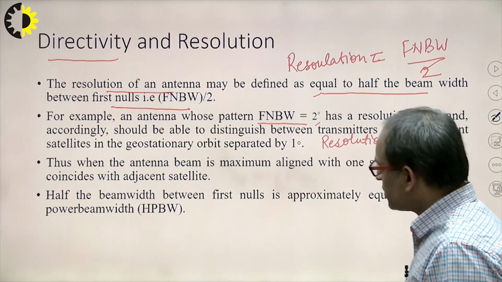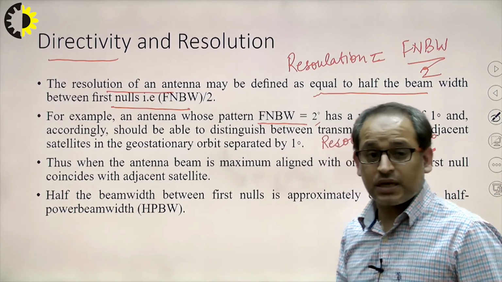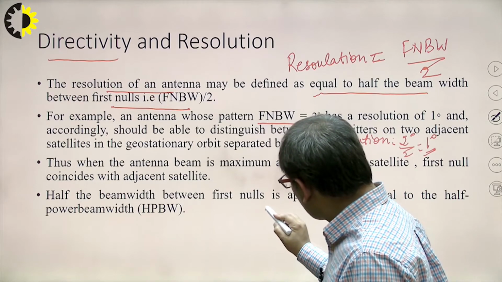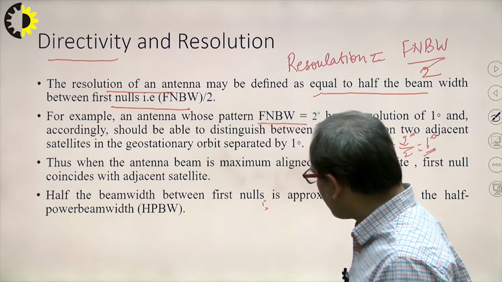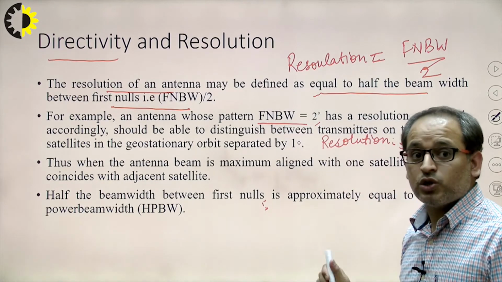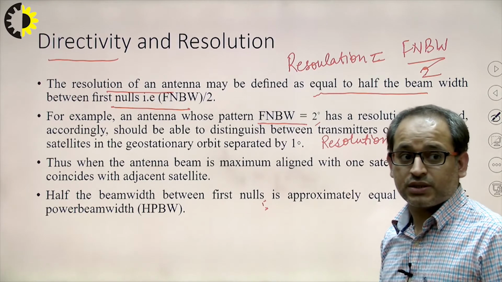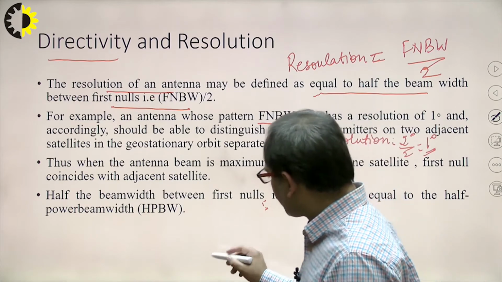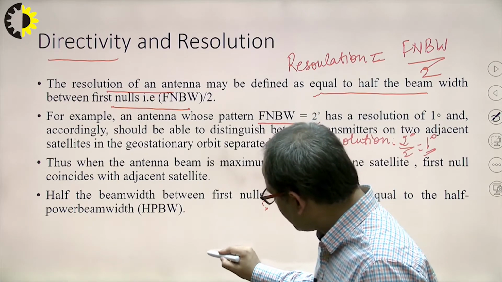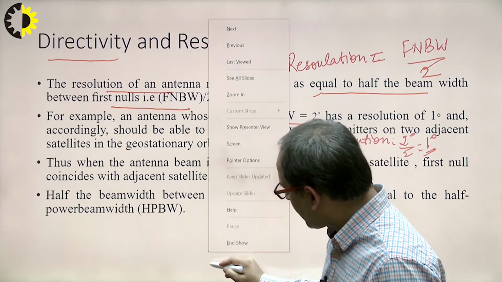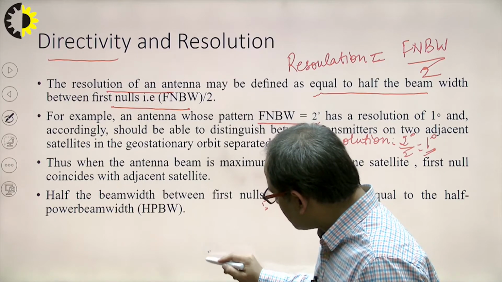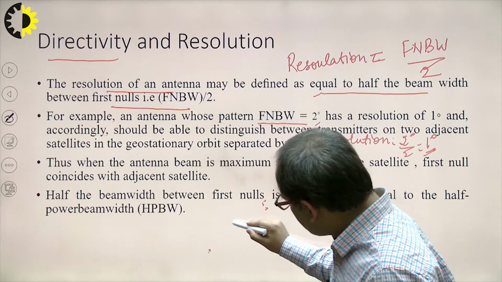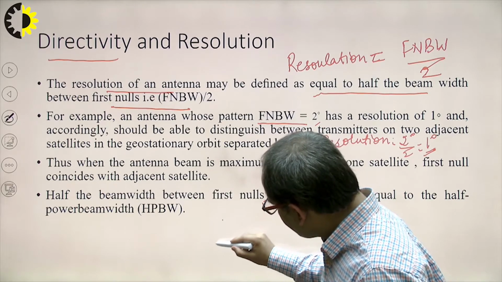What does this 1 degree signify? It signifies that with a difference of 1 degree, the antenna can differentiate two different objects. Clear? Let's say this is an antenna placed here, and there are two objects in the sky.